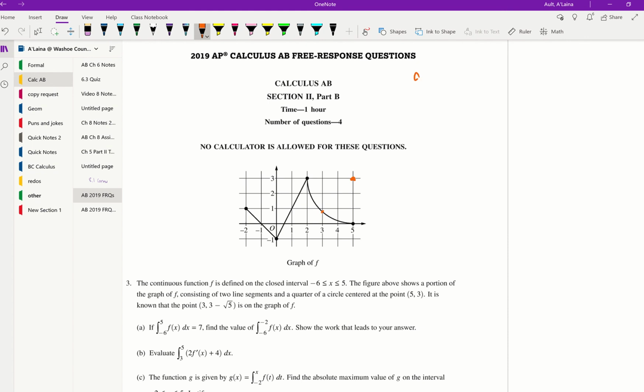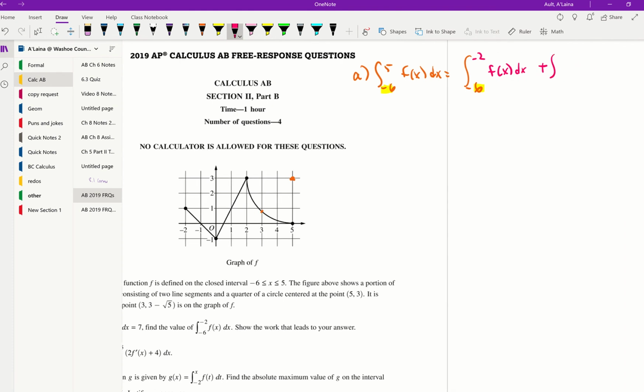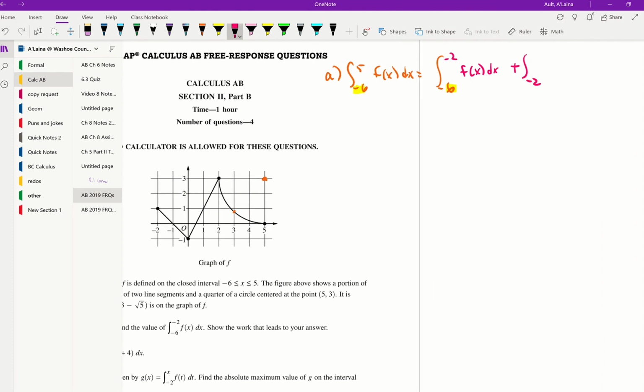I often like to look and see which of these has a larger interval, and this one does. So we can take this integral from -6 to 5 of f of x dx, and we could split this up into 2 integrals from -6, this lower one should match, to -2, as stated in the problem, plus the definite integral from picking up where we left off, -2, all the way to this upper interval of 5.